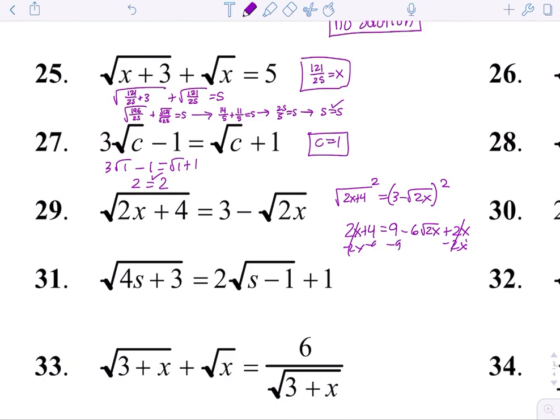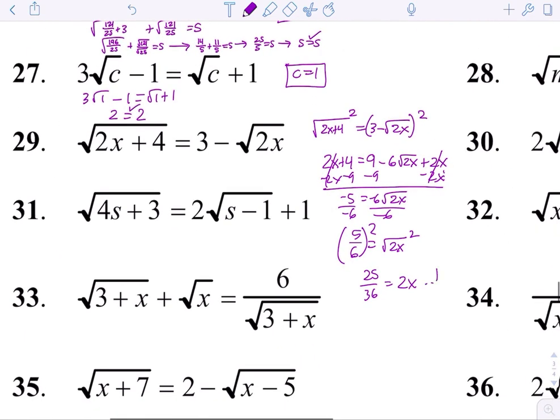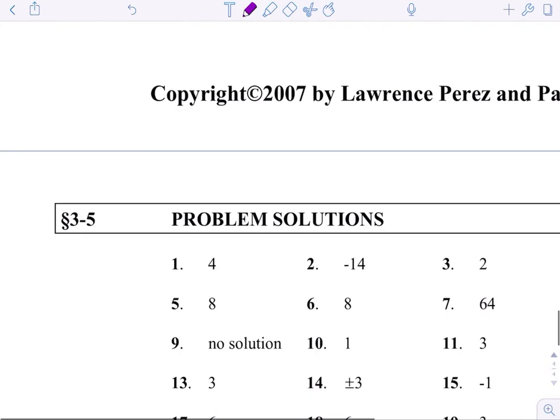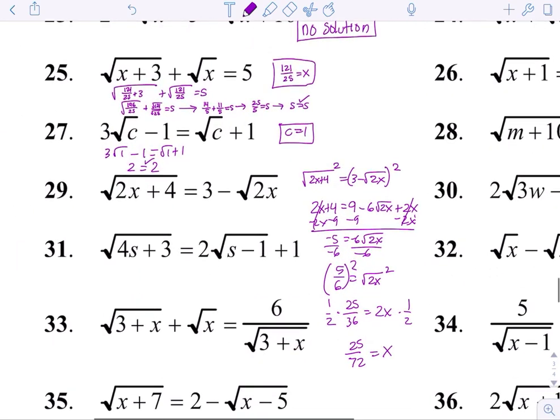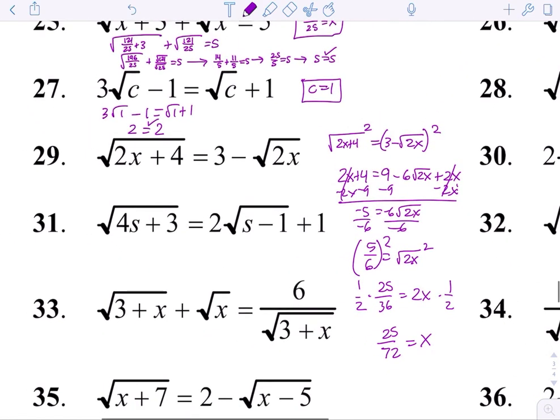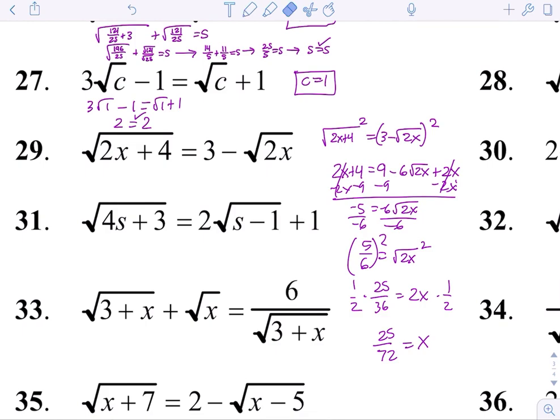I'm going to subtract 9 from both sides, and we get negative 5 is equal to negative 6 radical 2x. Divide both sides by negative 6. 5 over 6 is equal to radical 2x. Power of 2 to both sides, we get 25 over 36 is equal to 2x. Multiply both sides by 1/2, and we're going to get 25 over 72 is equal to x. That's 29. And when we substitute that in there, you are going to get no solution.